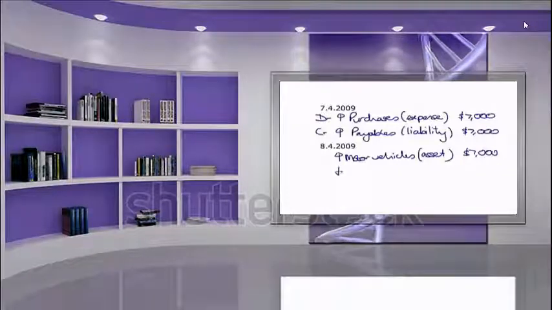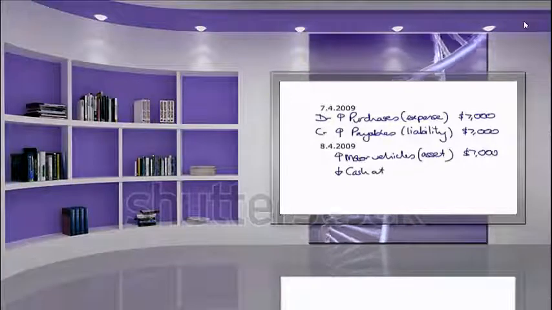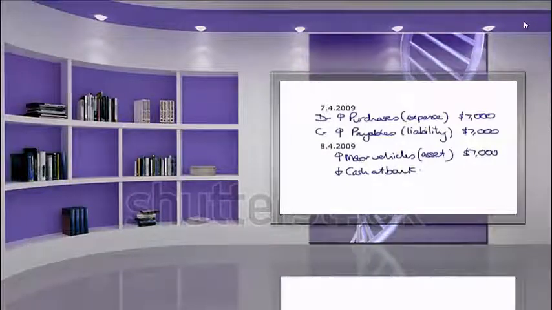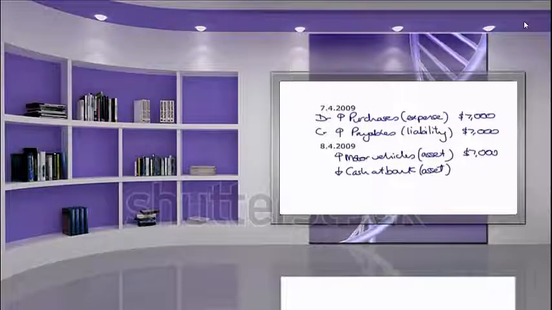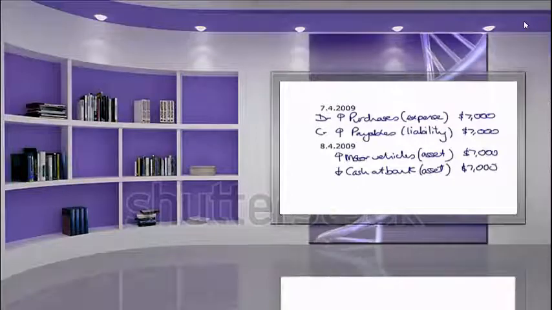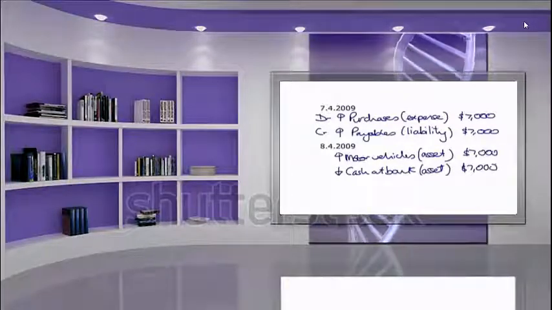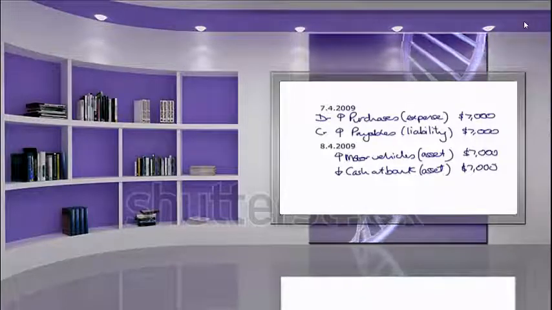So, again, what we're going to do is reduce our cash at bank asset, and we're going to do that by $7,000. Again, so the dual effect indeed works. So, that's the transaction and the dual effect recorded.